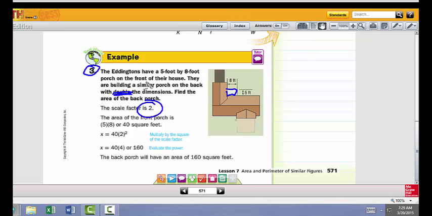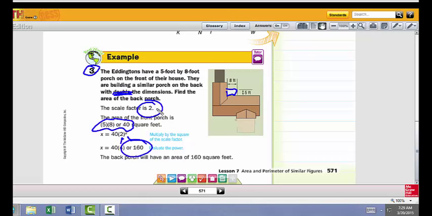So you can do this problem one of two ways. We could calculate this area of the front porch, which is a 5 by 8, so that's 40, and then multiply the 40 by the scale factor squared, which is 40 times 4, which is 160.